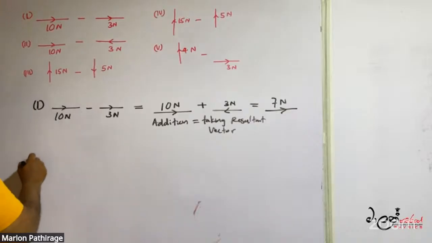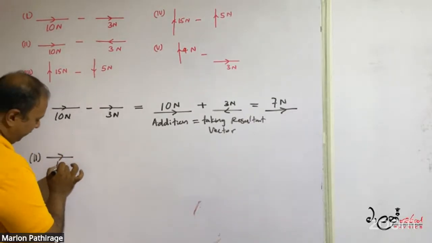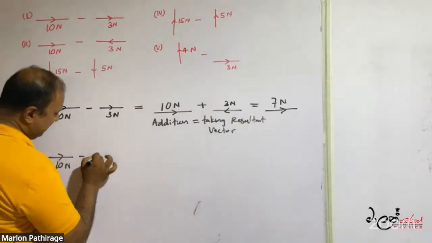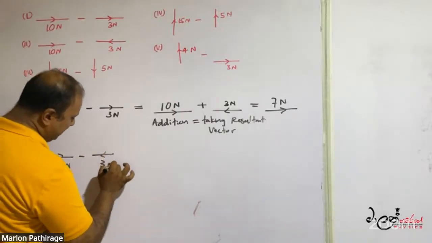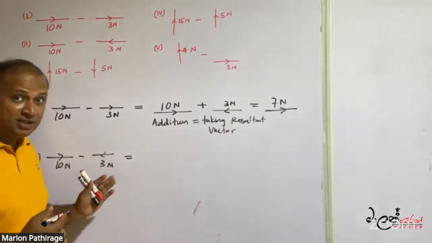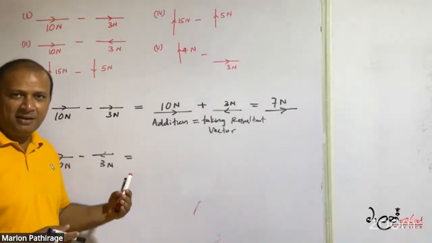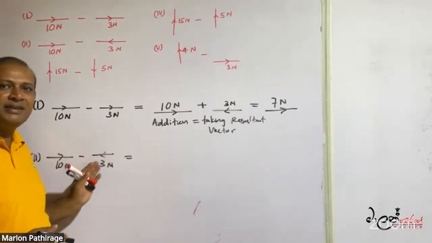The second one. 10 Newton force into this side minus 3 Newton force into other side. Now this is a subtraction. You cannot do subtraction, therefore you have to write this one as an addition.